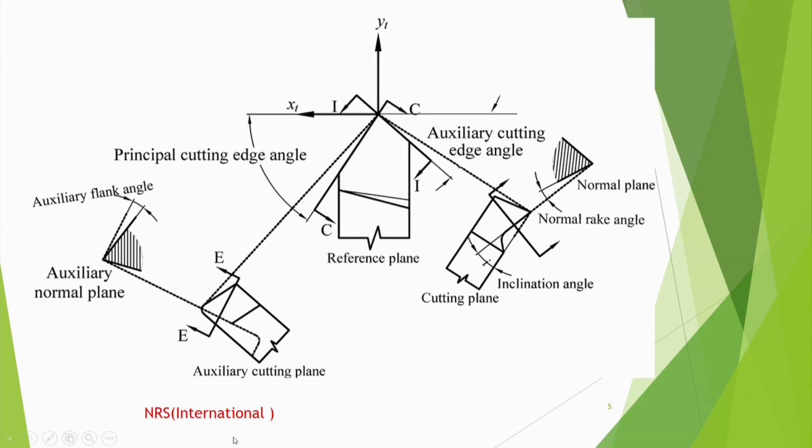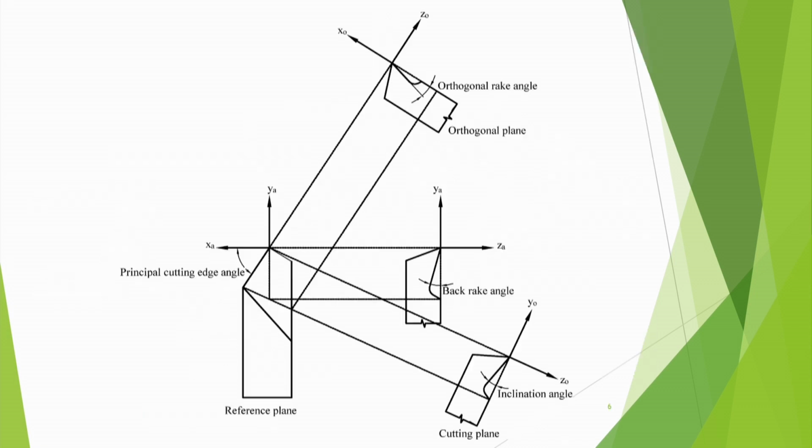So we are going to study this one by one, how we convert from one system to the other system. This I am going to discuss now. We will move somewhat slowly in each slide, and we will show you that concept. So let us see, suppose we just concentrate on converting the angles from the ASA system to the orthogonal system or vice versa.